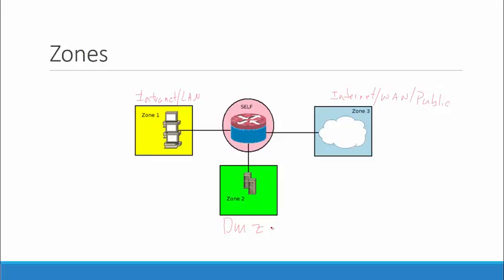So I had said a moment ago, we create our zones, and we add interfaces to those zones. So let's say this is 1, 2, 3, right? So we create our zone, LAN.